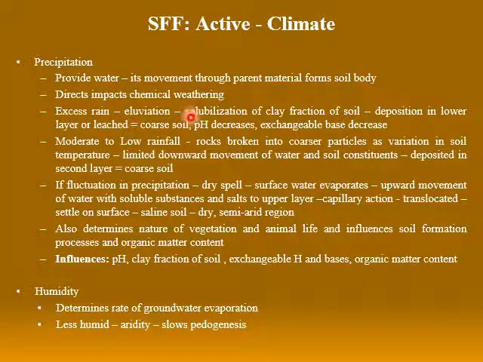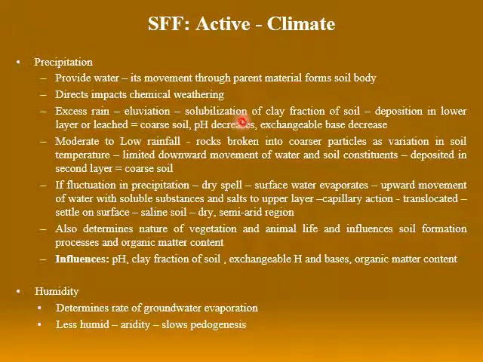Hence, the profile formed in these excessive rain regions will be coarse soil profiles or horizons, and the pH level will also be lower. They will be slightly acidic, as the exchangeable bases will decrease as they are removed from the soil.